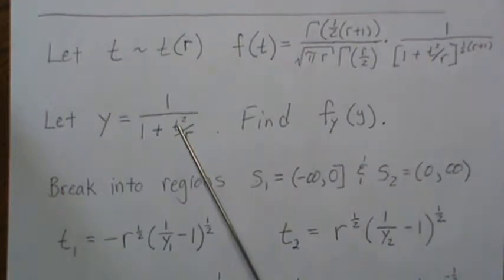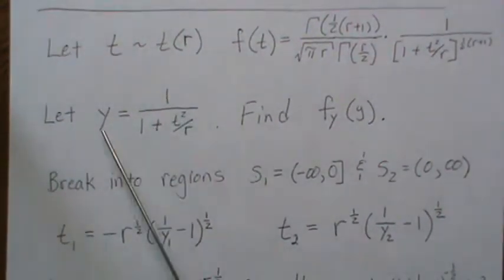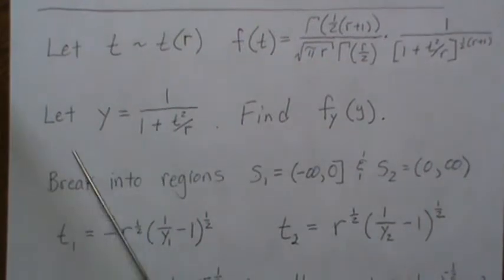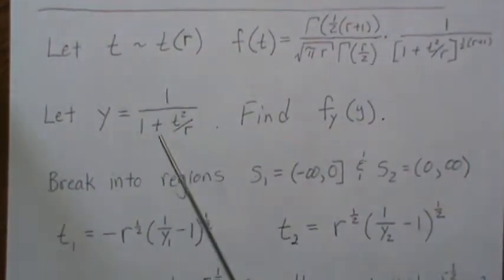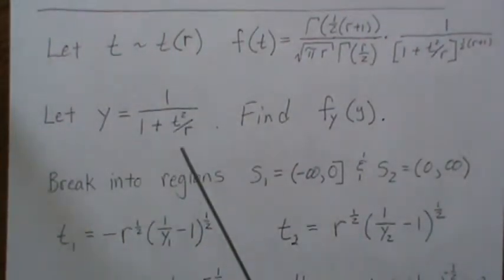So if you put in a positive and a negative number, it gets mapped to the same thing, which is still a function. It just means that it's not a one-to-one function going the other way. And so we're going to have to break this into two regions where, in both of those regions, this function would be a one-to-one function.